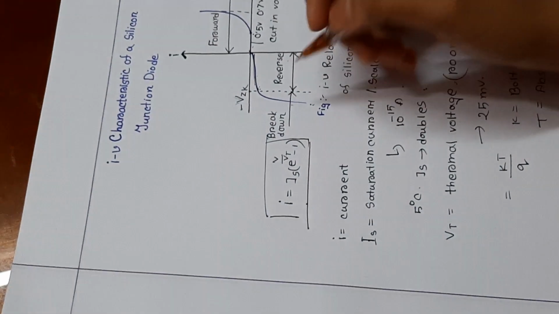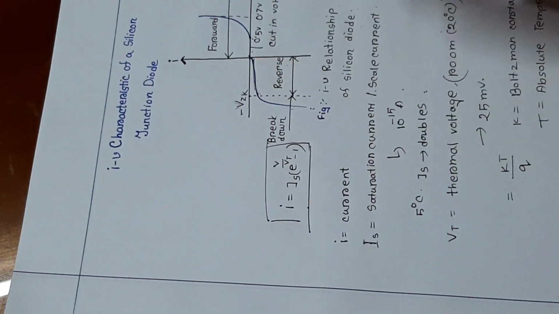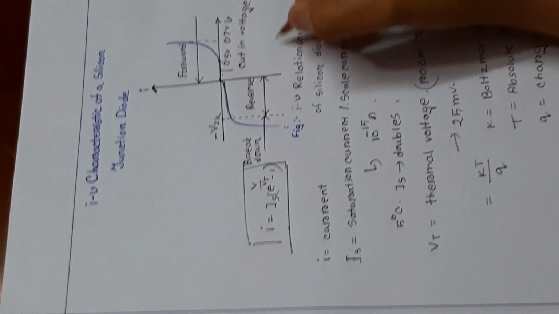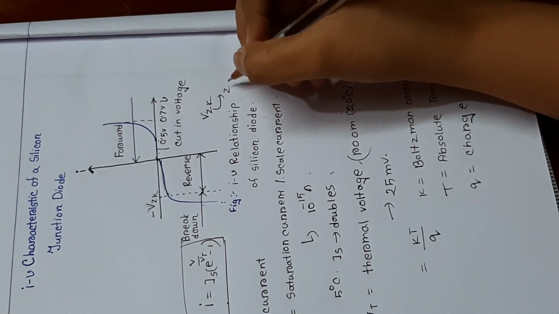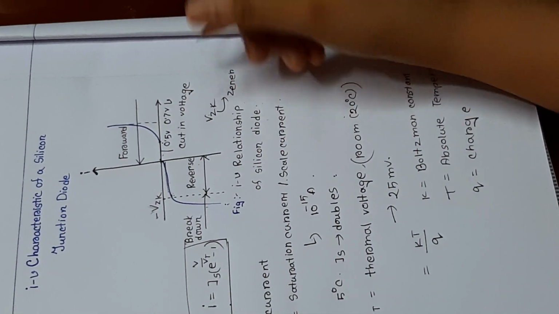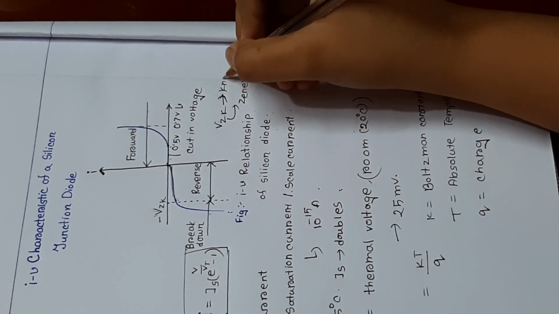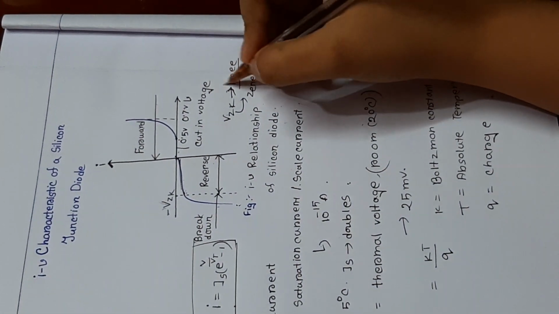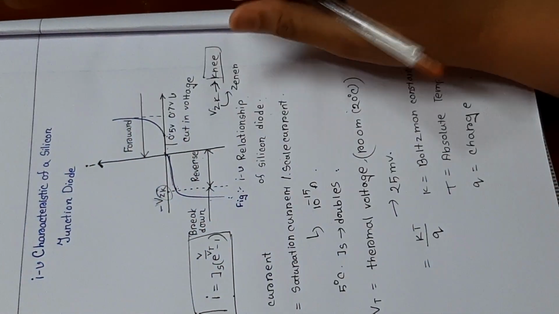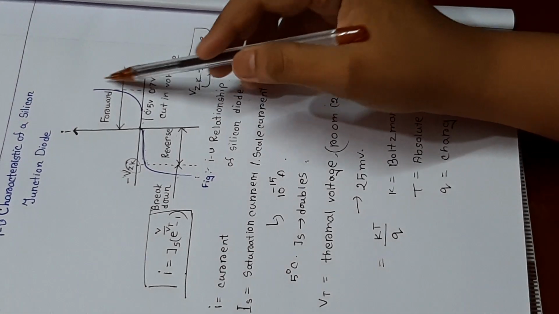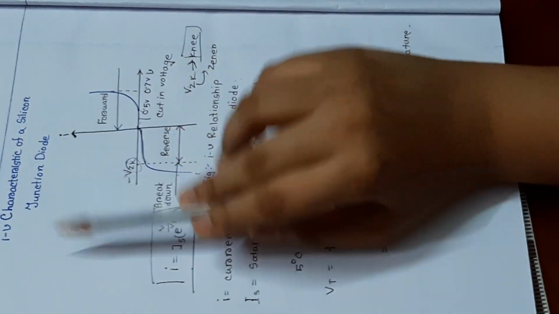In this region there is a breakdown, and this is called the breakdown voltage, VZK. Here Z signifies the Zener, and K is the knee. K is the knee region, that's why it is called minus VZK. So this is the graphical description of the characteristic of a silicon junction diode.